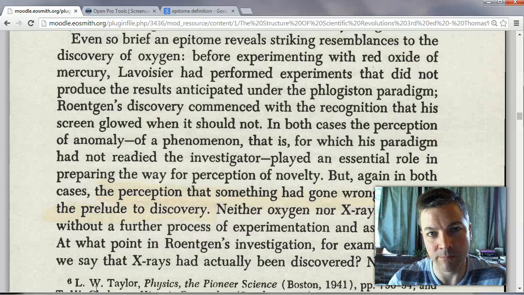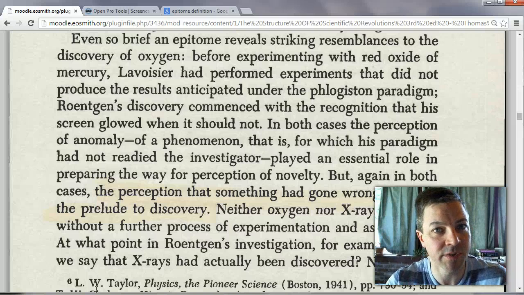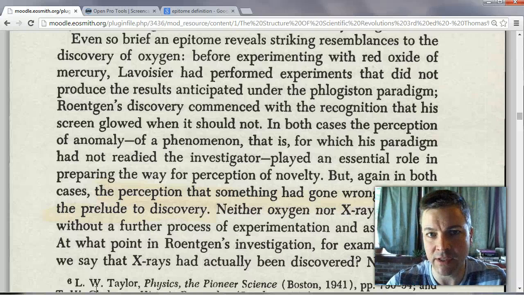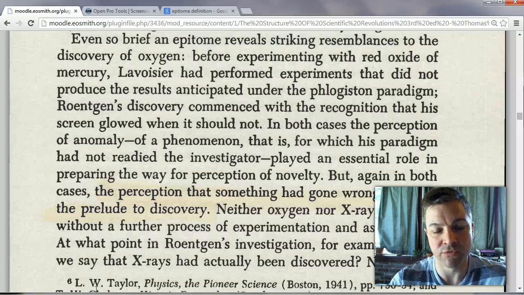Now, another interesting aspect of this is that metals had their metallic characteristics, like shininess and ductility and malleability and conductivity, because of the presence of phlogiston. So you would take an element, add phlogiston, and you would get a metal. Now when you burn that metal, you'd be releasing the phlogiston and you'd be left with what's called the elementary earth.